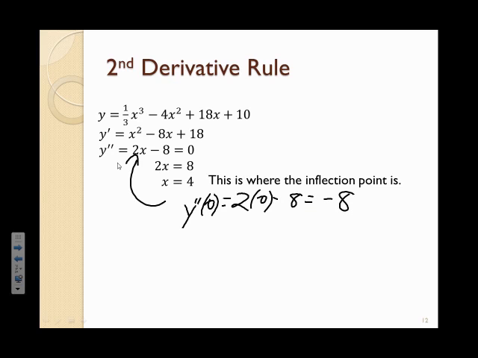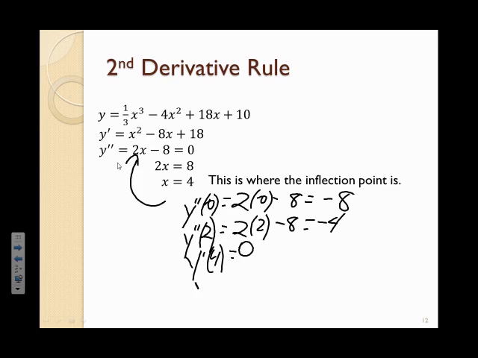And in fact, we could do this at different points. A y double prime of 2, we would get 2 times 2 minus 8, which is minus 4. A y double prime of 4, we already said we get 0.